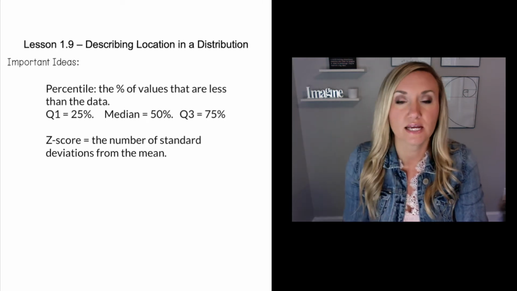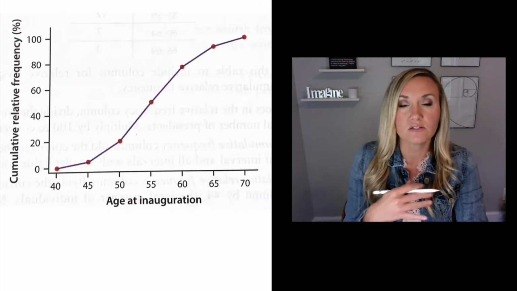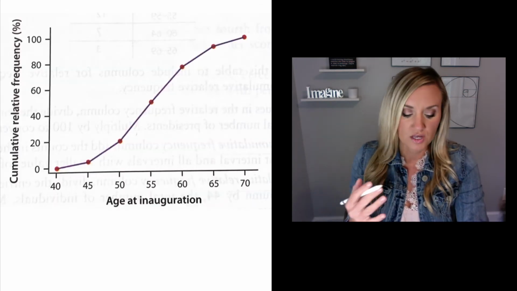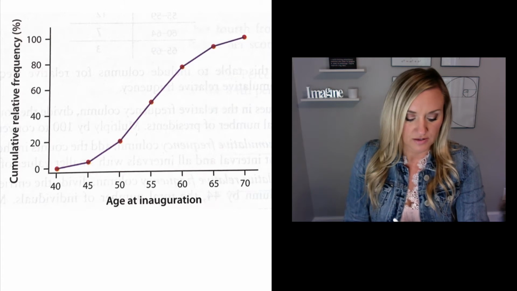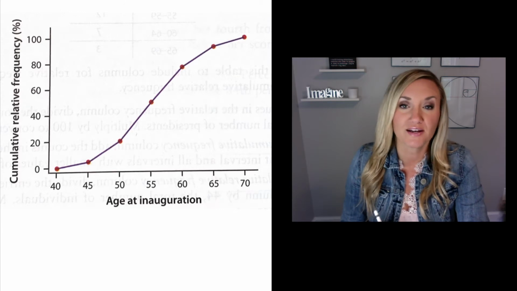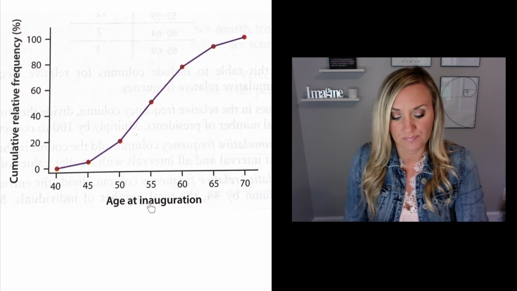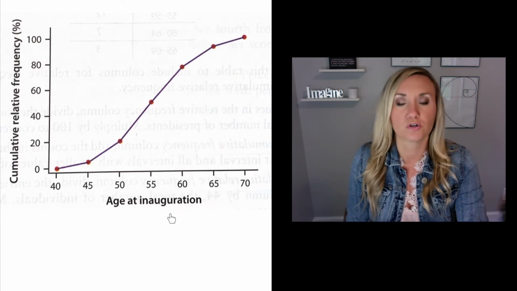Okay, so let's take a look at this graph here. This graph is just a pure example of percentiles: the age at inauguration. If you take a look at 70, it is at 100%.